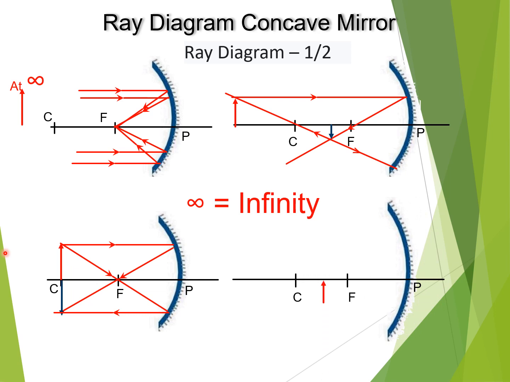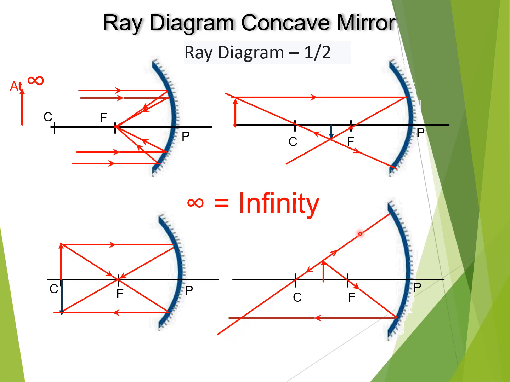The fourth condition, if the object is between C and F, between focus and center of curvature, then one incident ray shall pass through focus and it will become parallel to the main axis. Then the second ray, of course, will pass through the center of curvature.